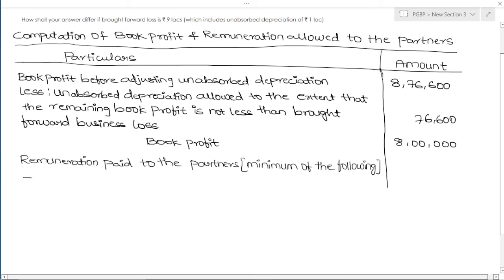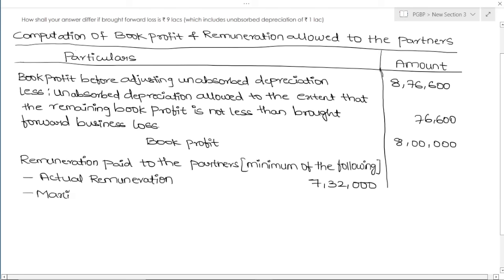First one, actual remuneration. Now you saw in the earlier problem, right? It was 7,32,000. Same we will write here. Actual remuneration 7,32,000. Maximum remuneration under section 40B.